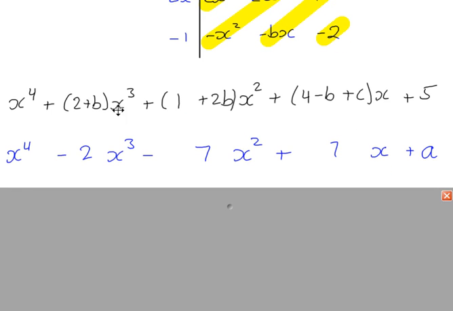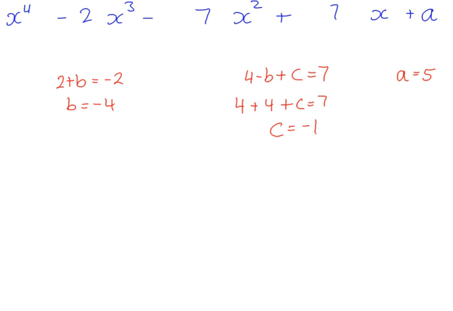Looking at the x cubed terms, we know that 2 plus b should be equal to minus 2. Looking at the x squared term, 1 plus 2b should be equal to minus 7. Looking at the x terms, 4 minus b plus c should be equal to 7, and we know that a should be equal to 5. So we can work out our values of a, b, and c.